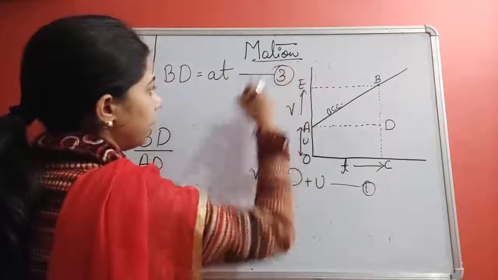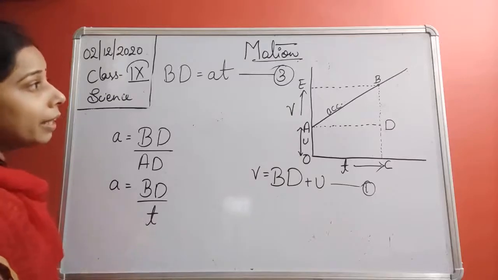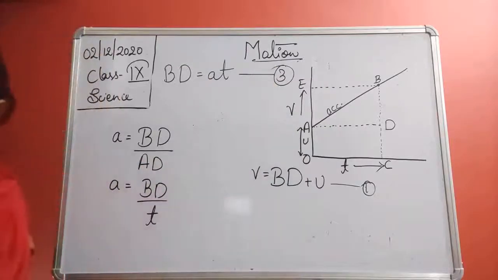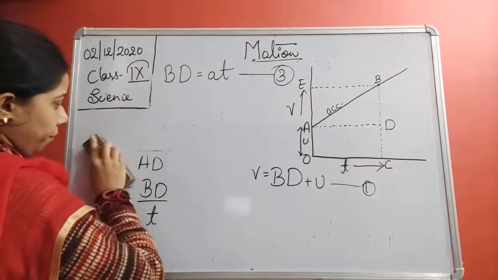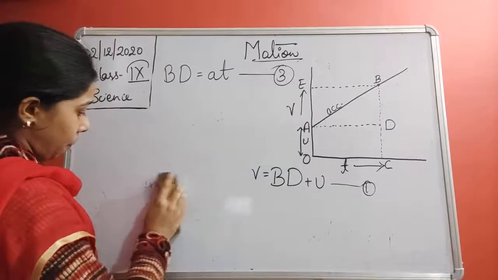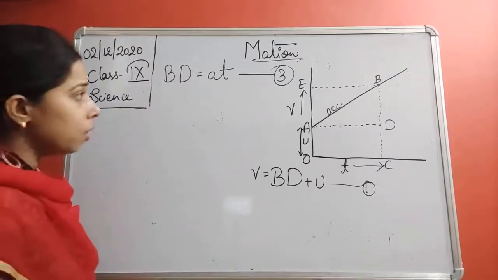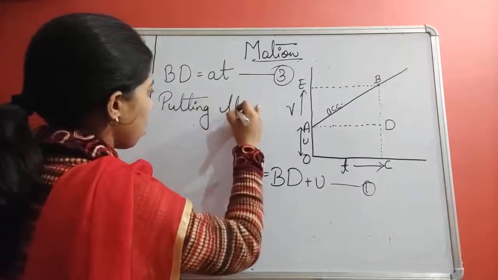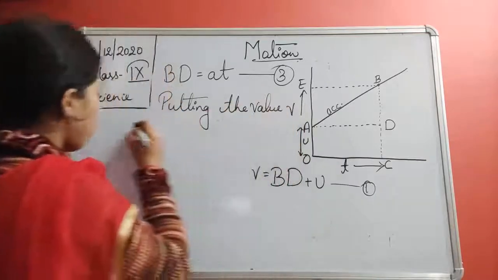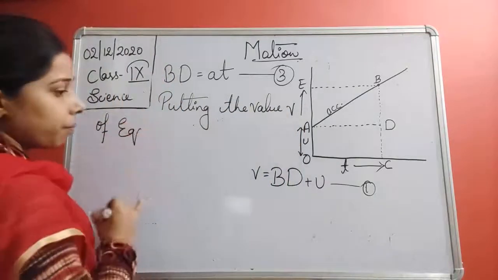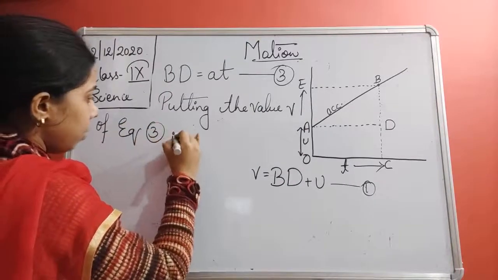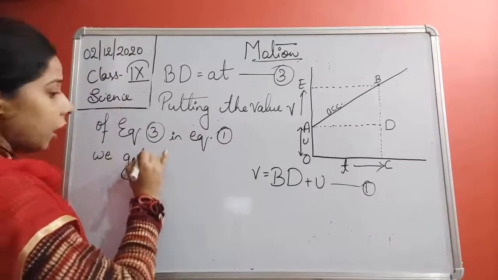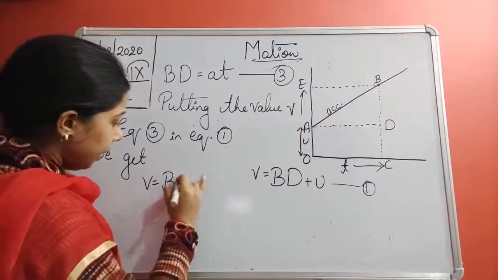Okay, now this is equation third. Now, putting the value of BD from equation third in equation first, what will we get here? So v is equal to BD plus u.